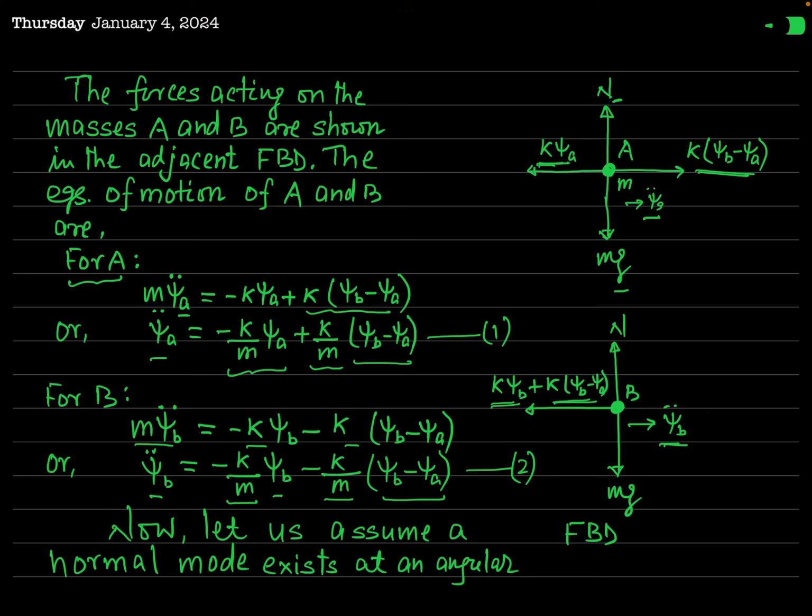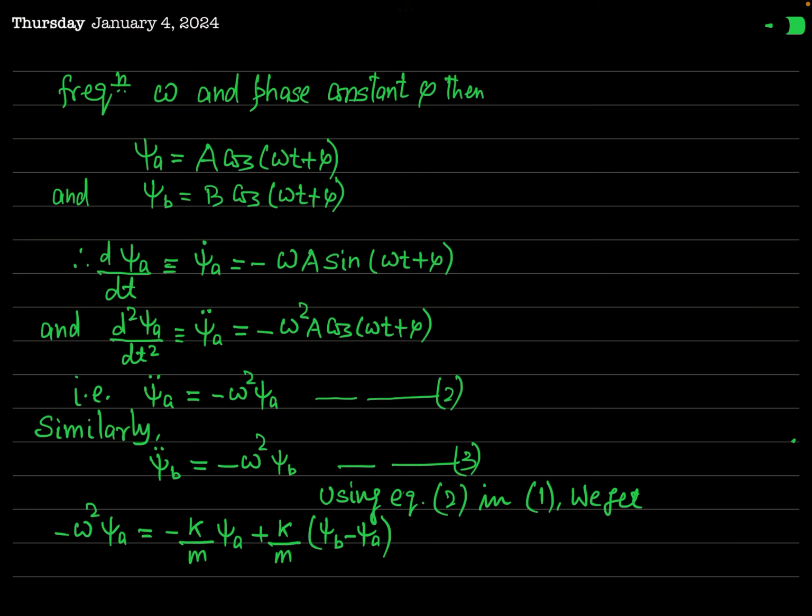So for convenience, let us consider the existence of a normal mode at a frequency omega and phase constant phi. In this example there are two moving parts of the system, A and B, and both will oscillate with the same frequency omega and phase constant phi in a particular mode.